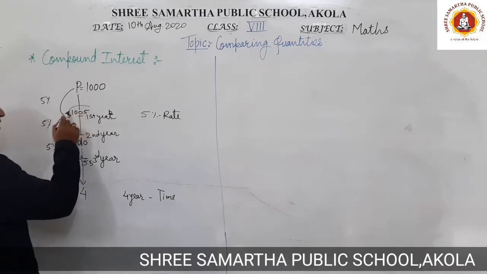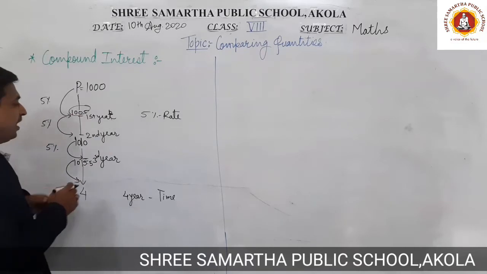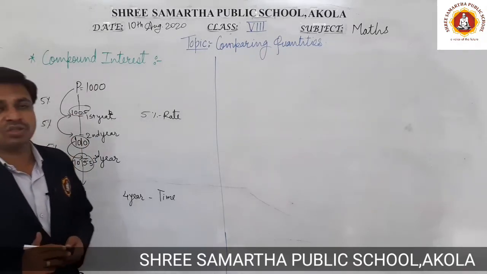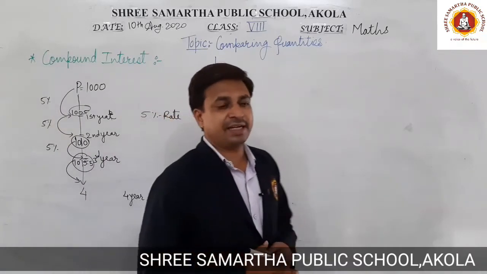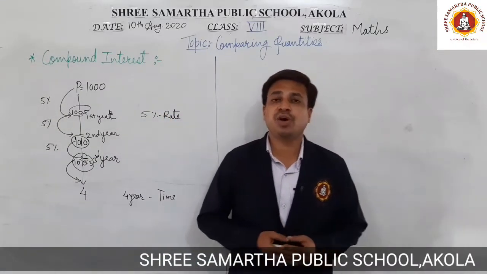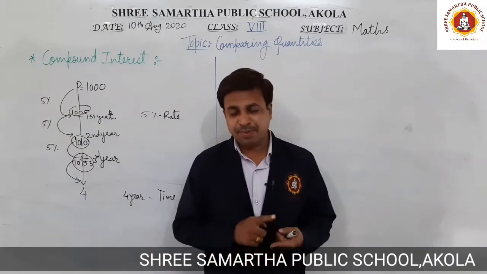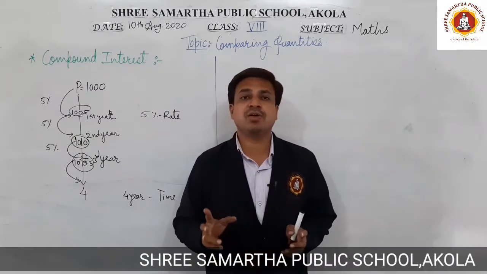So every year, see, this is the new principal. Every year principal will change in compound interest. So this is the basic difference: for simple interest, if you are calculating for continuously 4 years, principal, rate, time will remain constant.